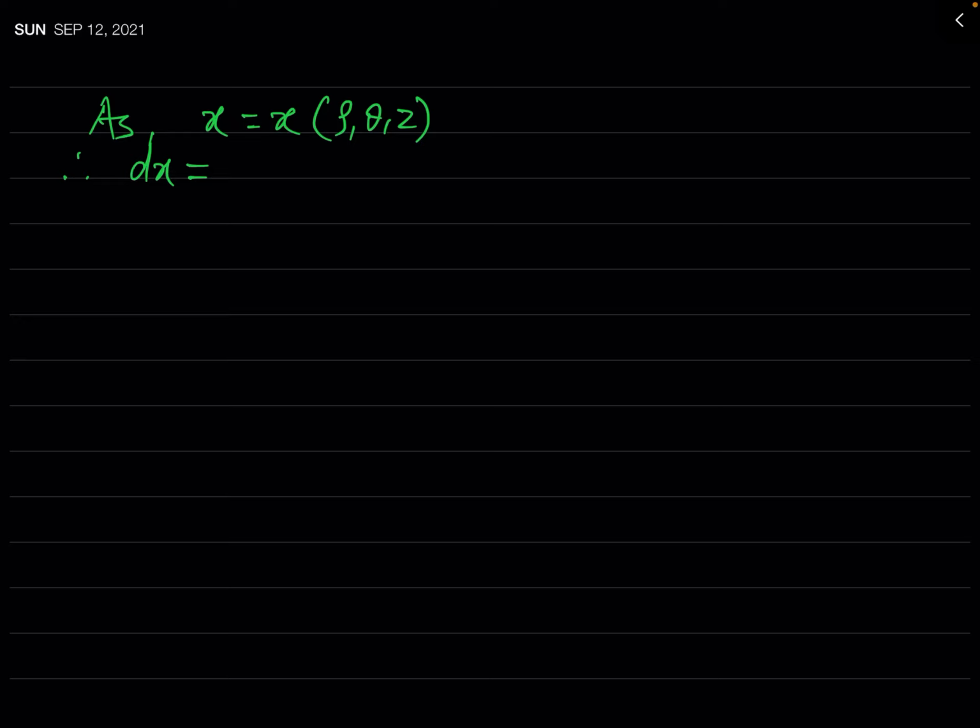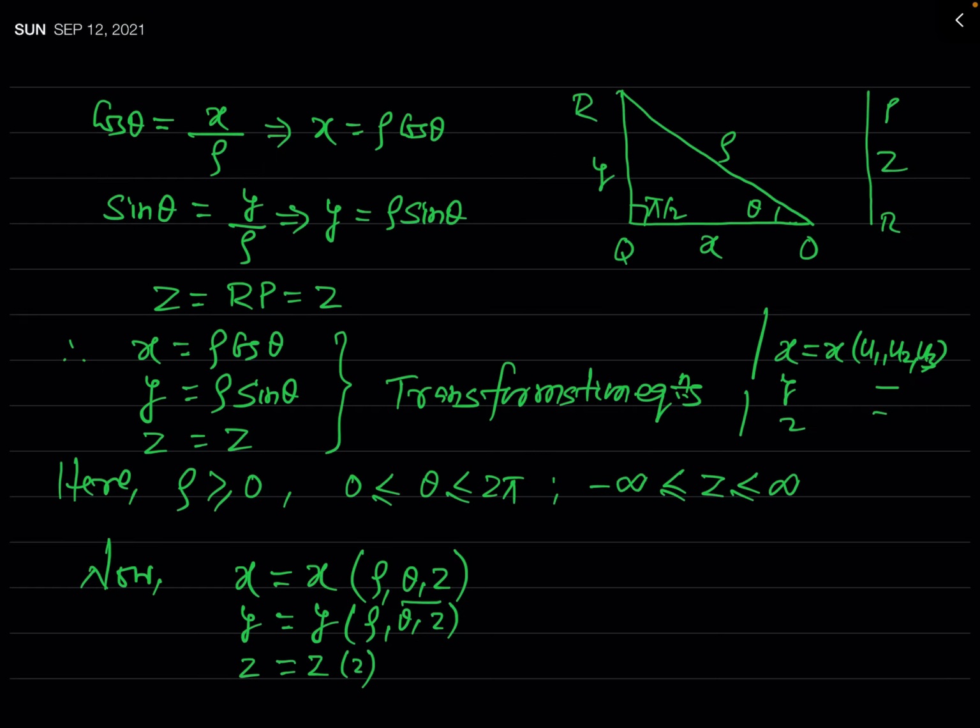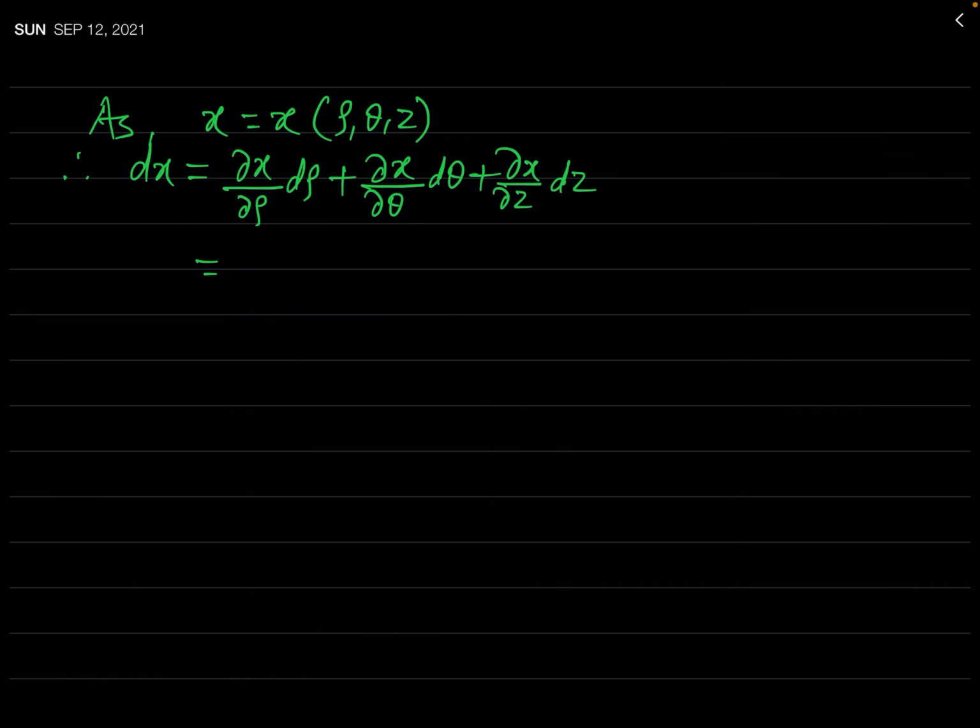In this condition, dx will be equal to del x by del rho d rho plus del x by del theta d theta plus del x by del z dz. Now see, from these transformation equations we can easily find what will be del x by del rho. See this equation, I am just writing it here.